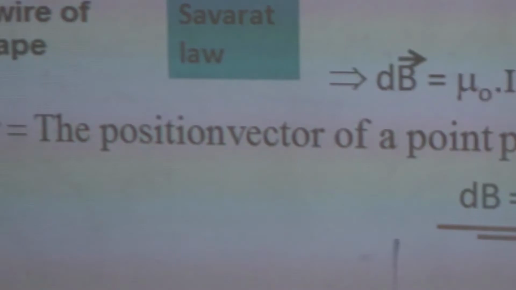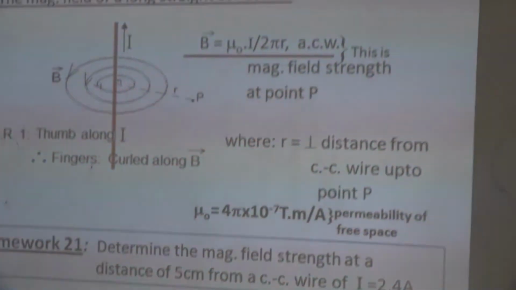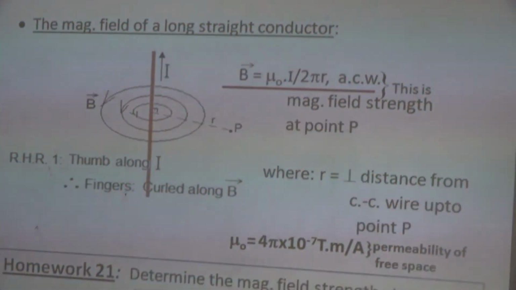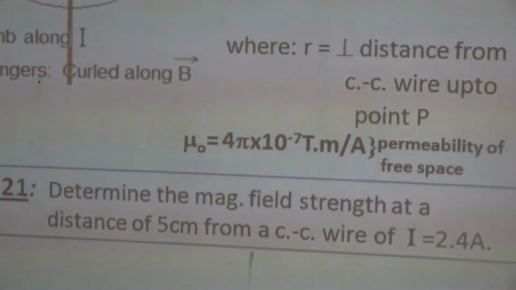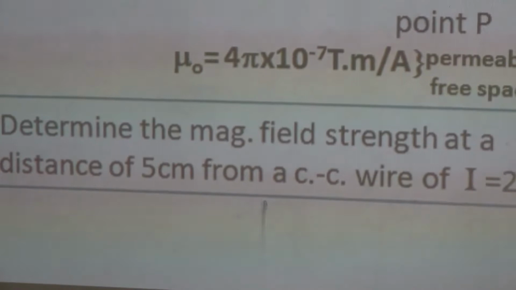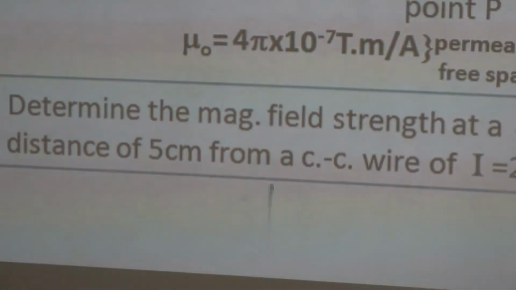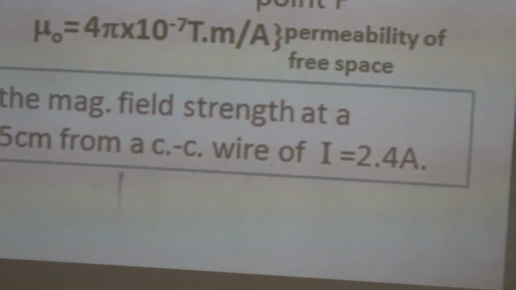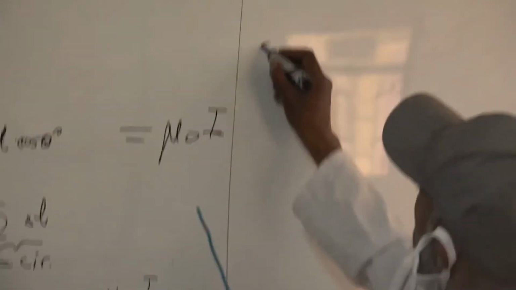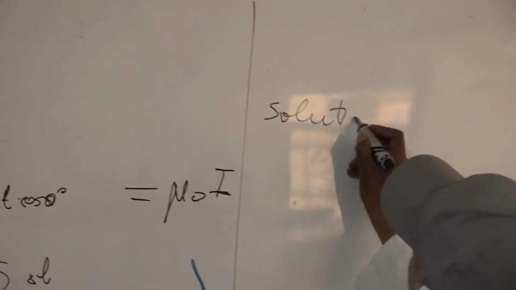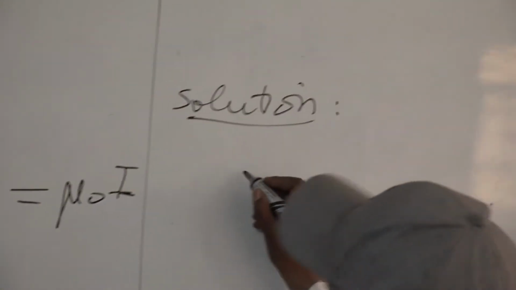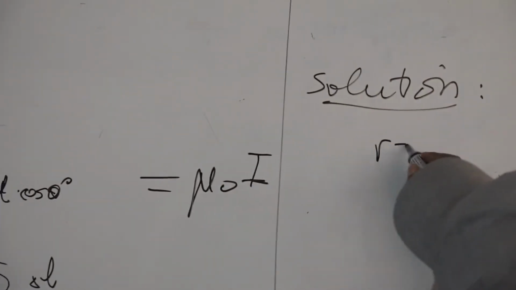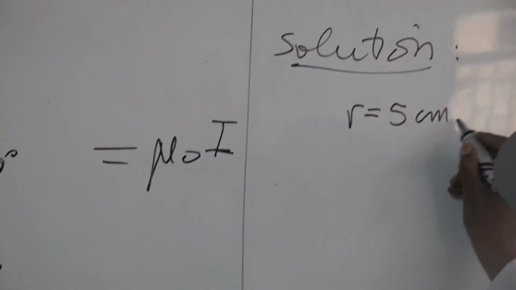Let's go back to this problem and see if you can solve it easily. Homework 21. It says, determine the magnetic field strength at a distance of 5 centimeters from a current carrying wire of current equals 2.4 amperes. So you say, solution, the distance is equal to 5 centimeters from the wire.